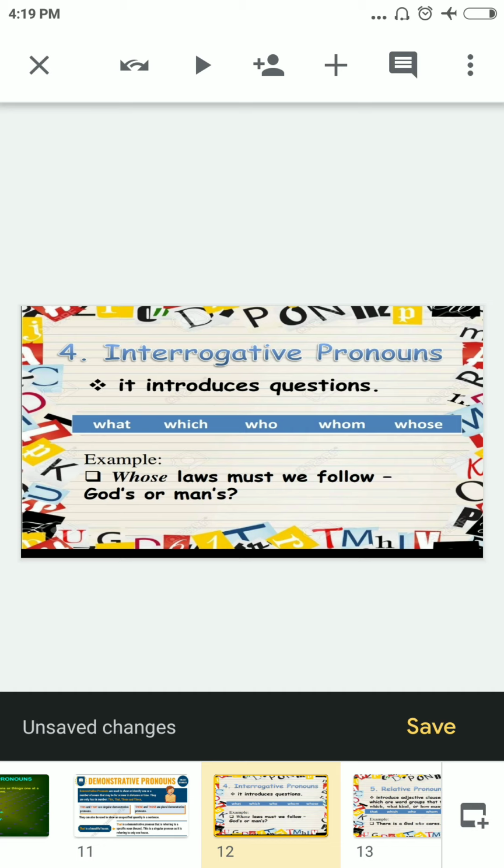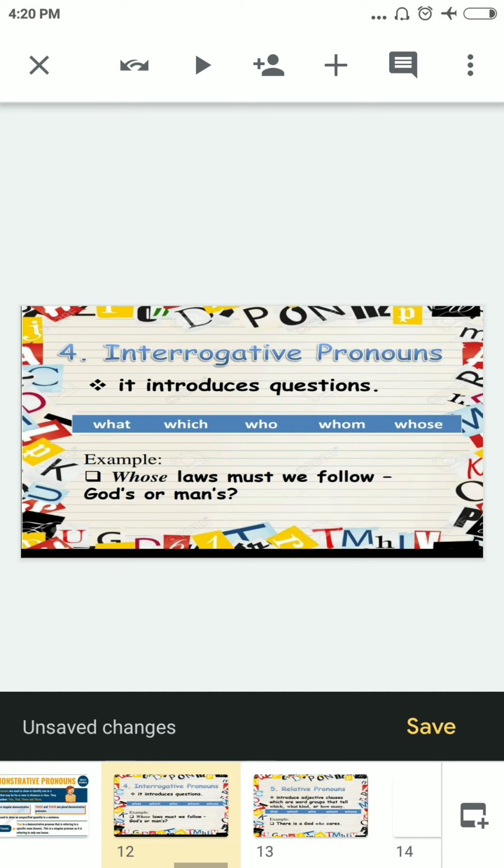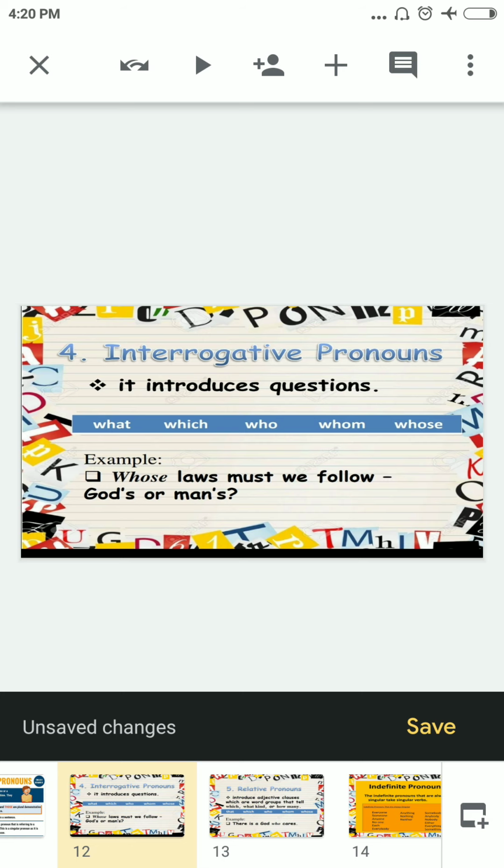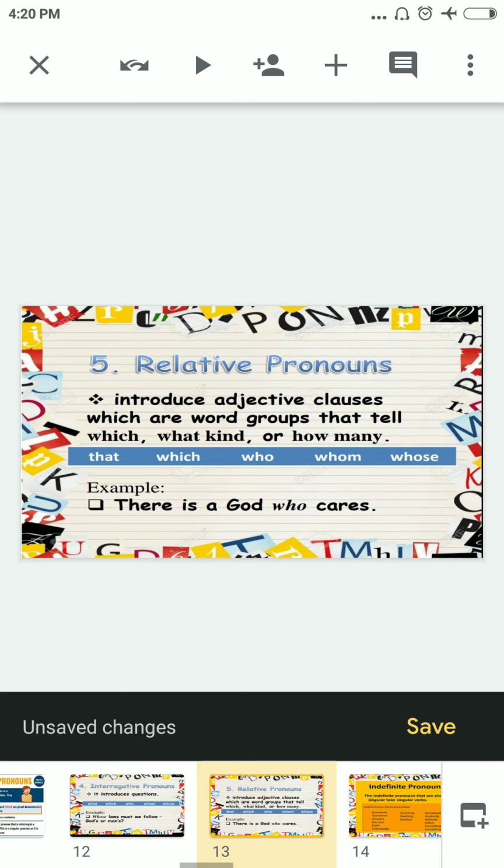Whose laws must we follow? God's or man's? This is the example. By this we are able to understand that here we are asking the question: whose laws should we follow, God's or man's? So this is the example of an interrogative pronoun.